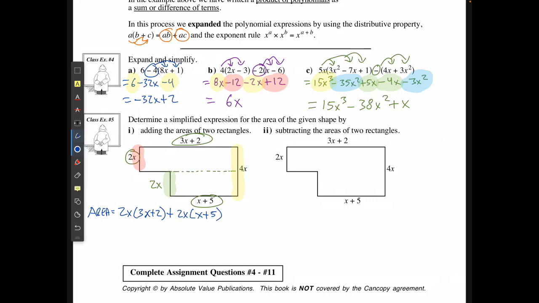We're going to expand it out. 2x and 3x gives me 6x squared. 2x and 2 gives me 4x. 2x and x gives me 2x squared, and 2x and 5 gives me 10x. When I combine these, I get 8x squared and 14x.